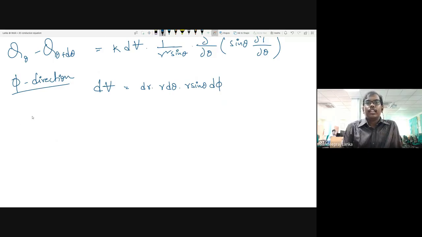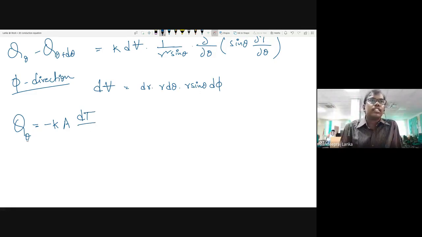And then here, what we will do is we will take q theta is equal to minus k a into dt by, what should be in the denominator. Since it's not theta here, it should be phi actually. My error. It didn't make any issue for me now. So what I have to take is q phi actually.